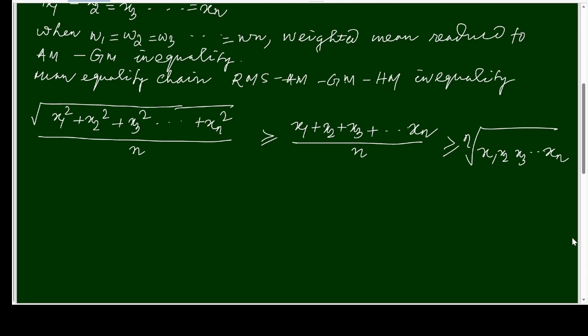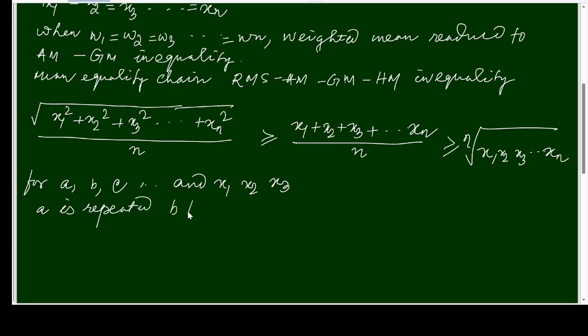Here we are taking three real numbers A, B, C, and these are given as x1, x2, x3. A is repeated B times, that means B is the weight.